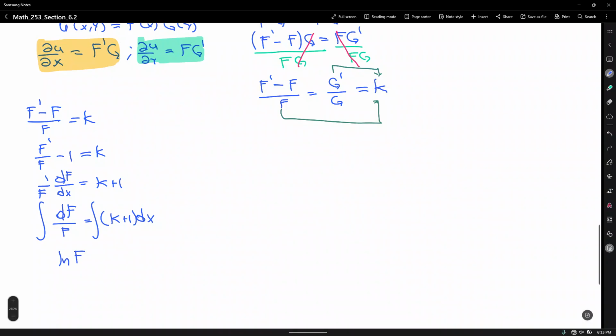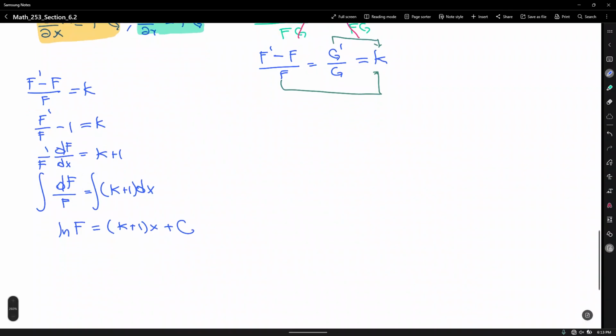That'll be ln of f equals, okay, k plus 1 is just a constant, isn't it? The integral of a constant with respect to x is (k plus 1)x plus, let me call this big C, right? Again, in the end, we're going to absorb all the constants into a single one. Let me exponentiate both sides right here.